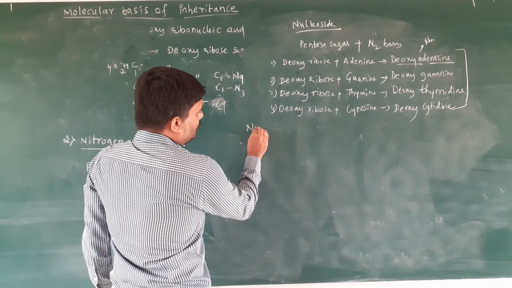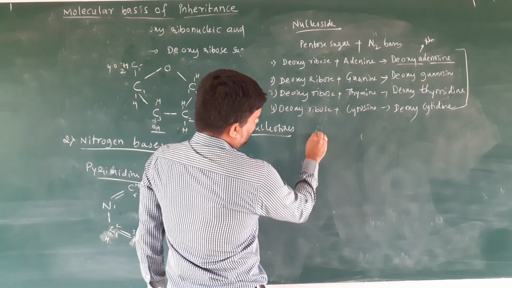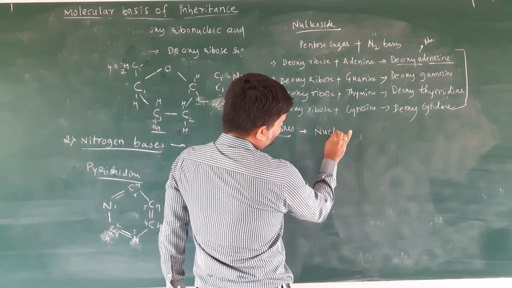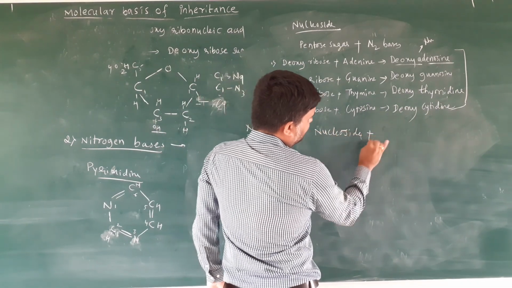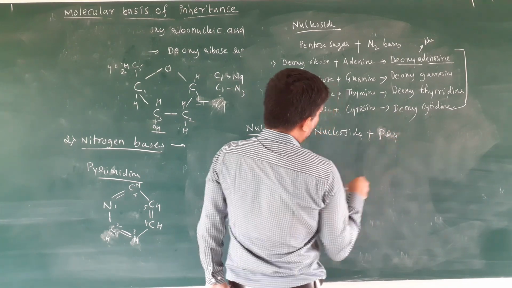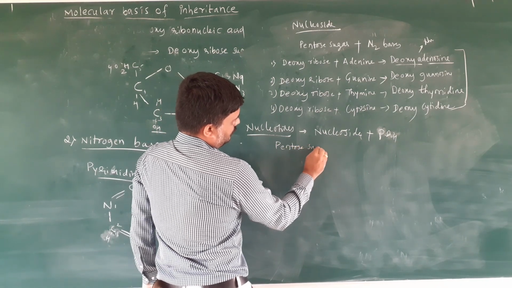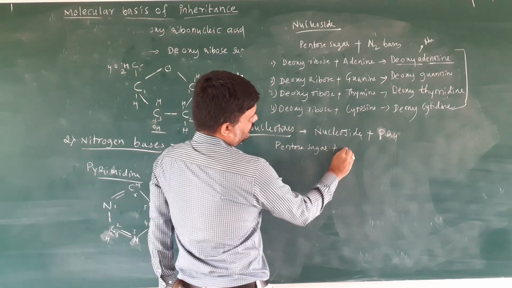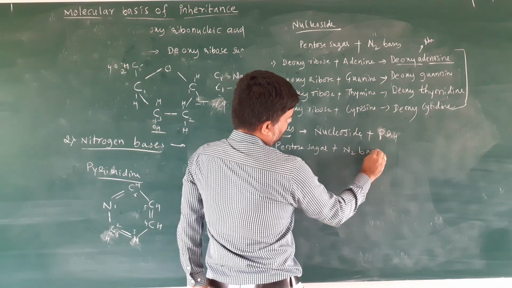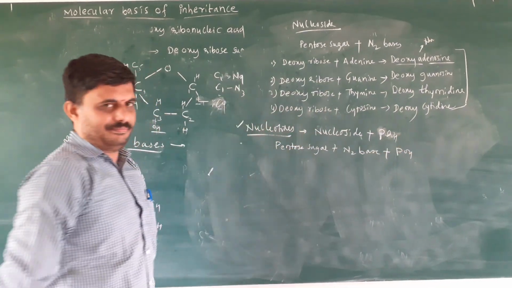A nucleotide is nucleoside plus phosphate group, or pentose sugar plus nitrogen base plus phosphate group.